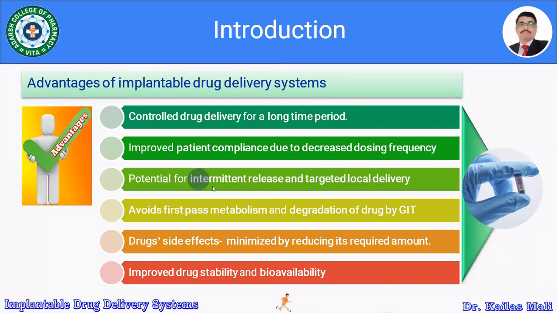It is possible to target the specific site. Suppose if we want to target the brain, it is possible to place the implant in the brain also by operation or by surgery. It avoids first pass metabolism and degradation of drug by the gastrointestinal enzymes or gastrointestinal tract.